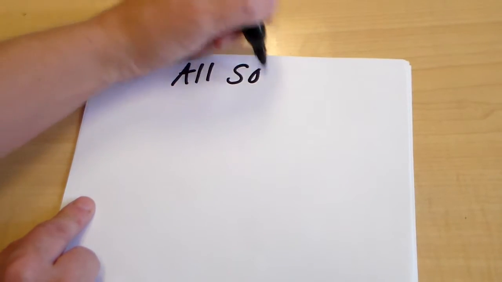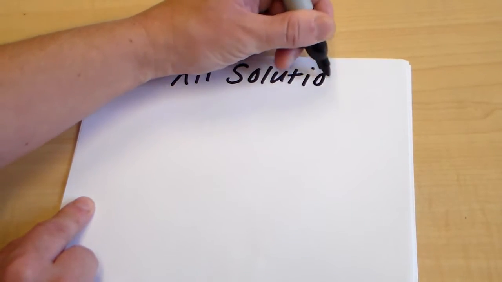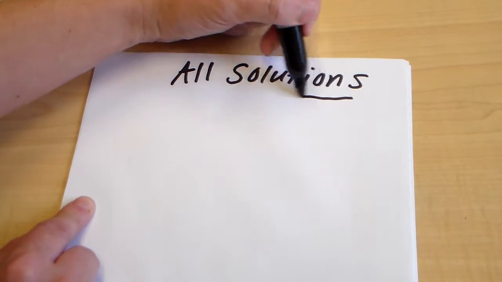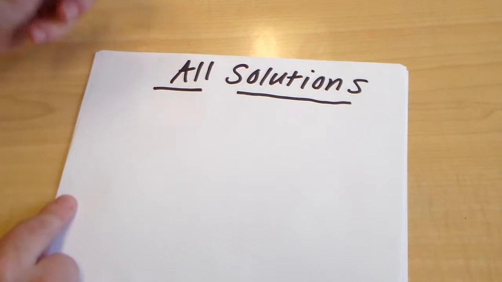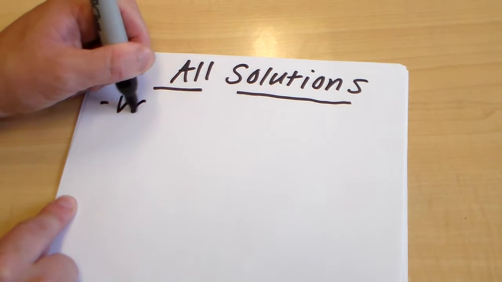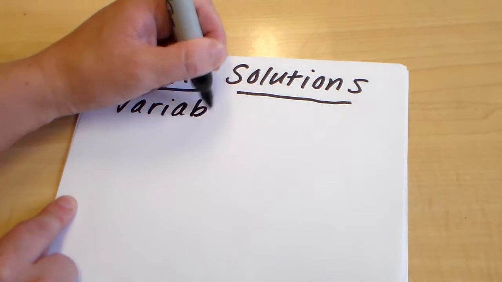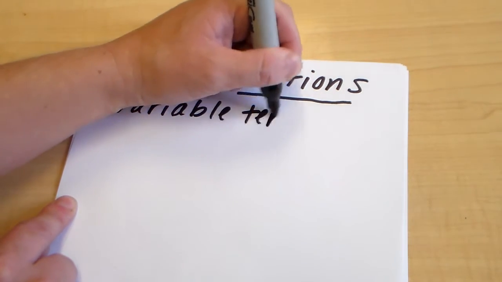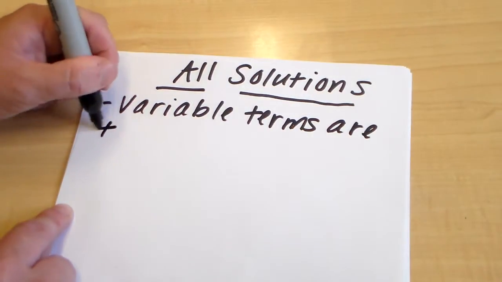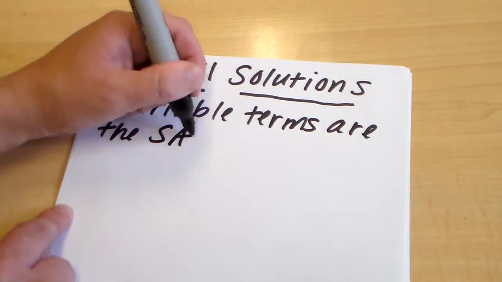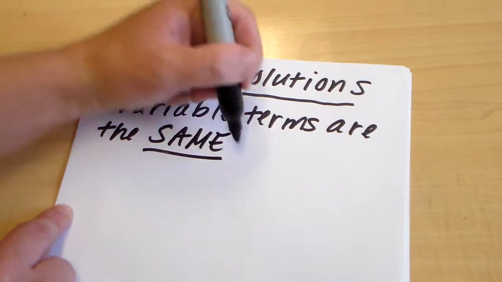All right, lastly, let's talk about all solutions. So all solutions is going to look extremely similar to no solutions, except one word is going to be different. First, variable terms are the same on both sides.